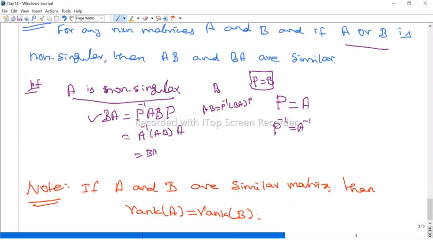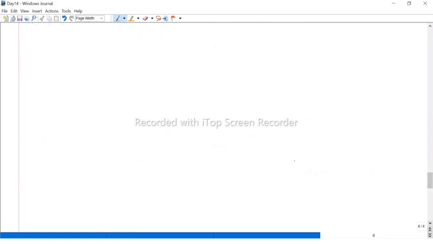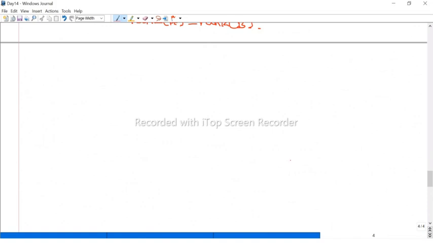Now we move to the definition of diagonalizable. We say a matrix is diagonalizable if that matrix is similar to a diagonal matrix. A matrix is said to be a diagonalizable matrix if A is similar to a diagonal matrix. That's the definition.